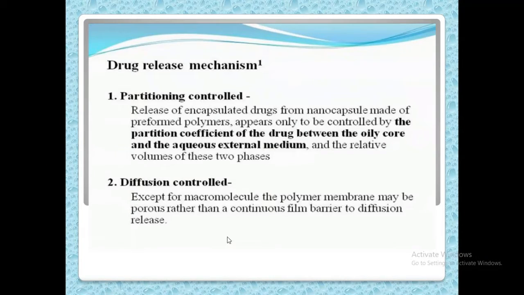So the polymer membrane is not totally closed. It has small pores, and through those pores the solvent will move. Along with the solvent, your drug is also released by simple diffusion. This is the diffusion release mechanism.